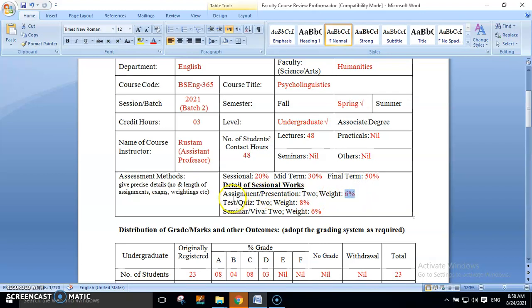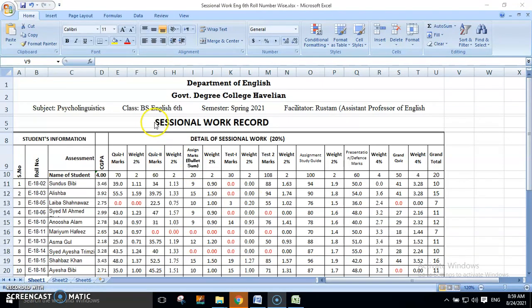As far as detail of sessional work is concerned, 6% was given to assignment and presentation. Test and quiz were given 8%, and seminar or viva were given 6%. Let me show you the sessional work detail. As you can see here, in the sessional work record, quiz 1 was out of 70 marks and this student got 39, so weight was 2%, and quiz 2 was MCQ based test.